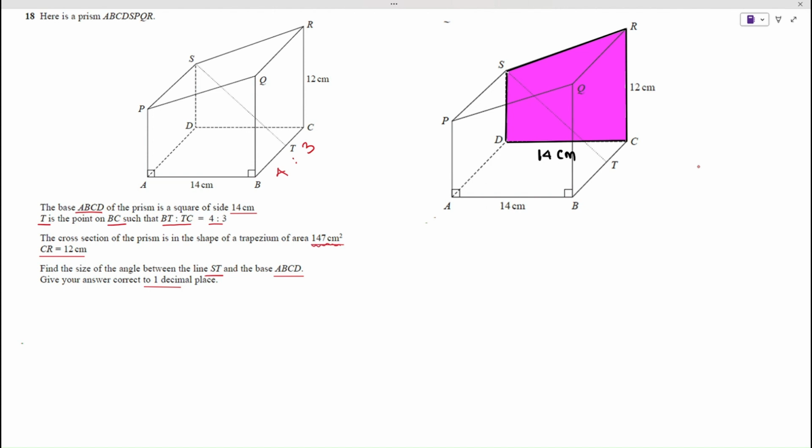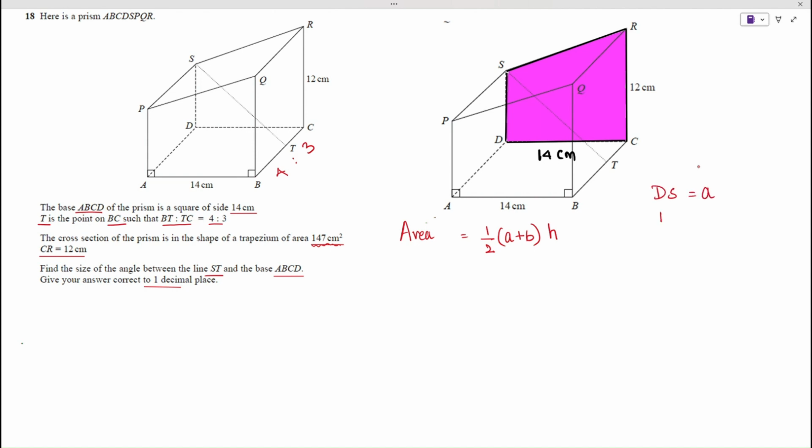So what we can do is use the formula to find the area of a trapezium, which is half times, in brackets, A plus B, times H, where A and B are the two sides that are parallel to each other, and H is the height.